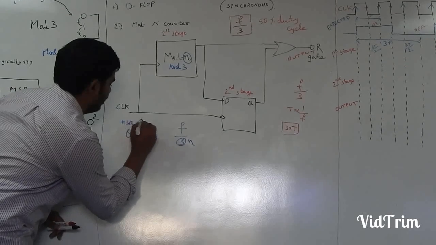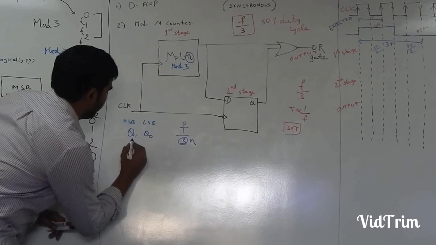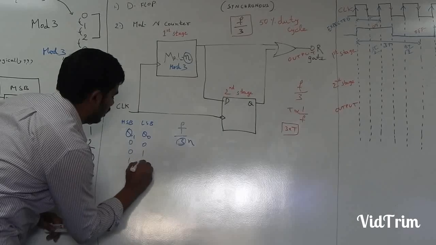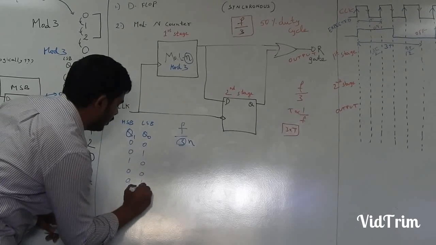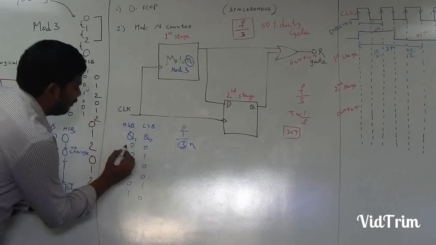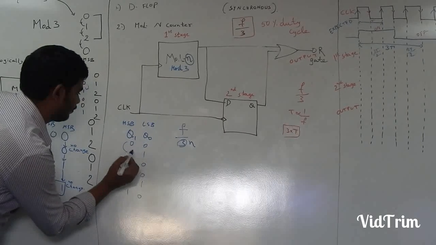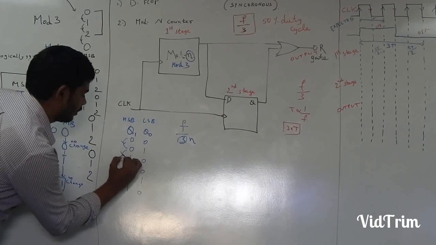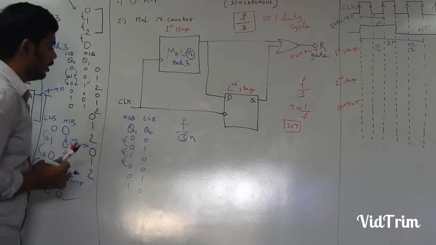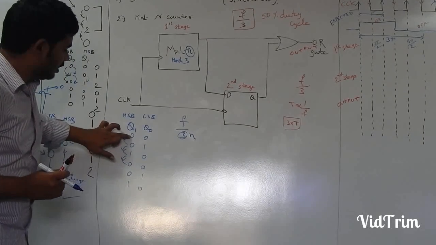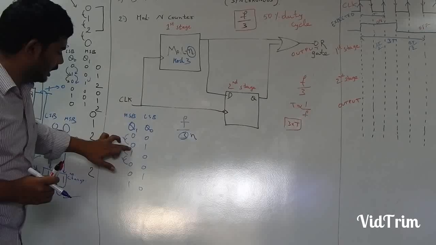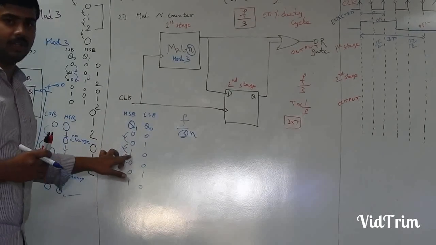This is MSB and this is LSB. So 0 0, 0 1, 1 0. Again 0 0, 0 1, 1 0. So for every clock pulse, first clock pulse the value is 0, second clock pulse the value is 0, the third clock pulse the state is 1.